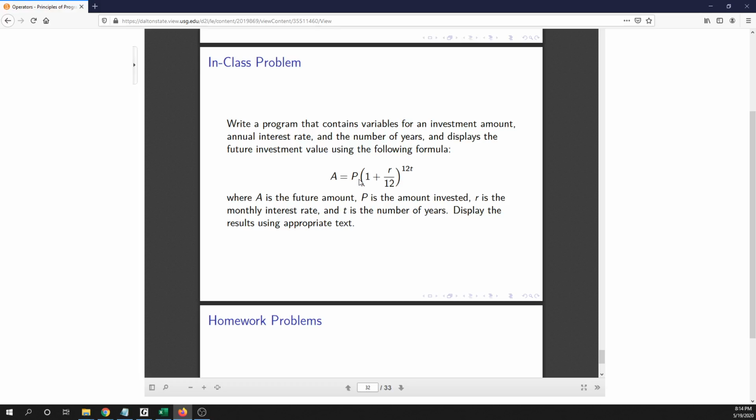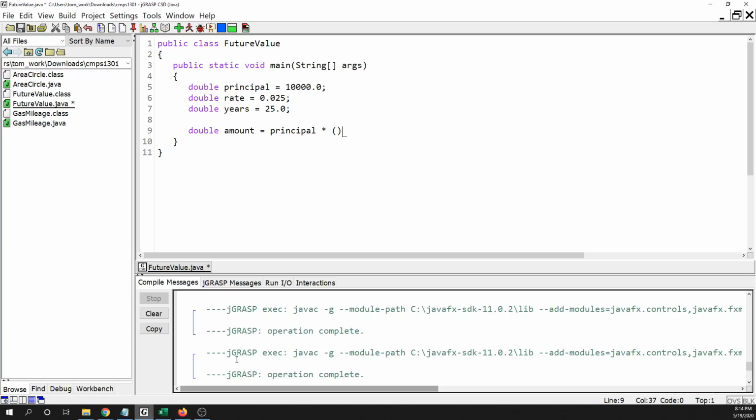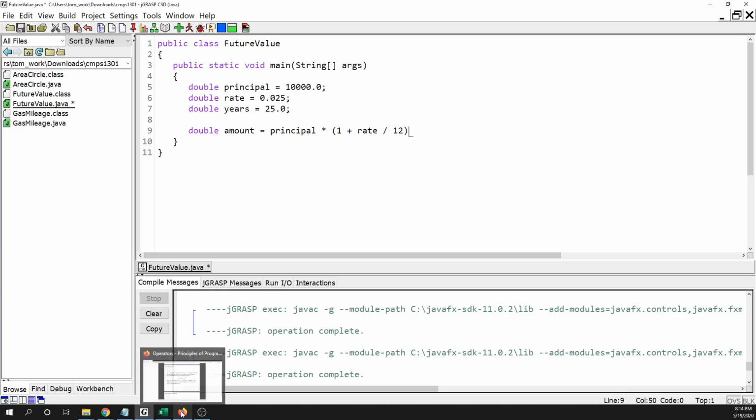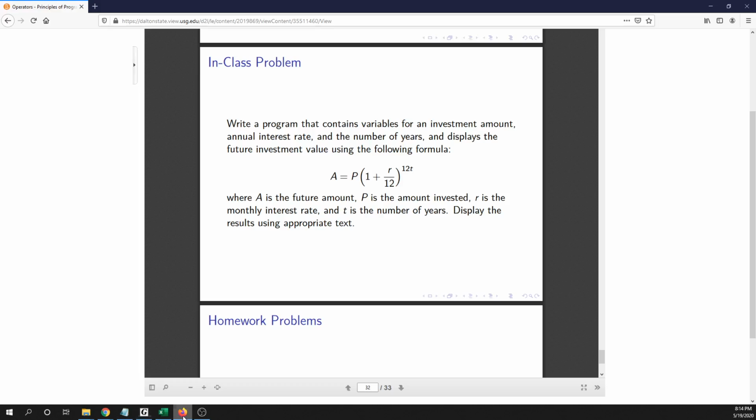You'll see formulas like this, but in Java, you are going to have to explicitly put the multiplication operator there. And then it's 1 plus the rate, which we're calling rate, divided by 12 inside parentheses. Good.